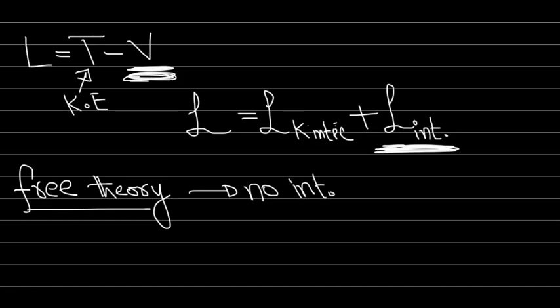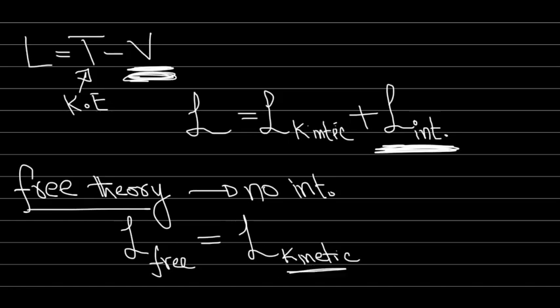And so if that's the case, then our free Lagrangian is equal to this kinetic Lagrangian. Yeah, this time I spelled it right, I guess, and here I could not. Anyway, sometimes we call this kinetic term the free Lagrangian, right? So whenever I refer to a free Lagrangian, I'm just talking about the kinetic term of our Lagrangian, right?